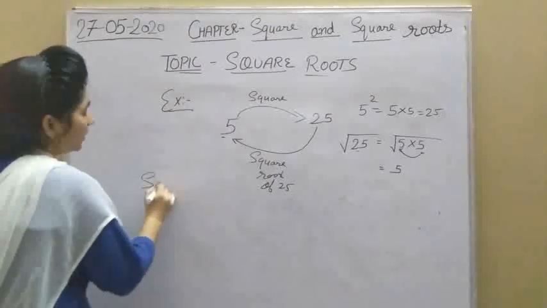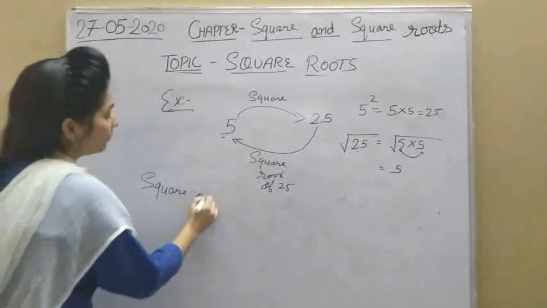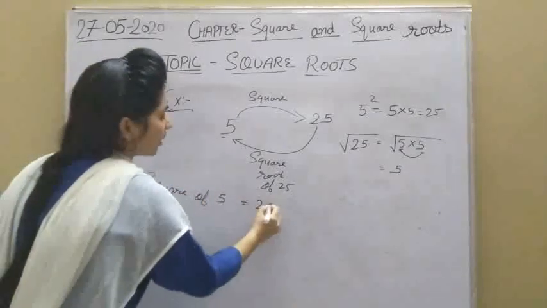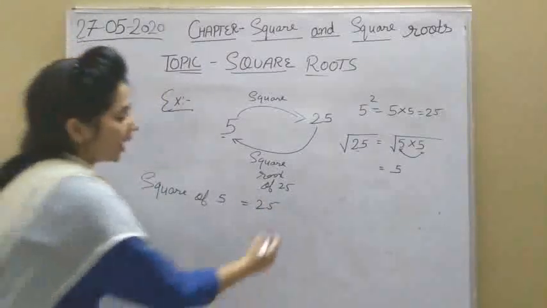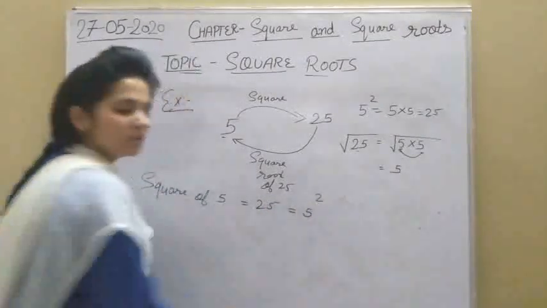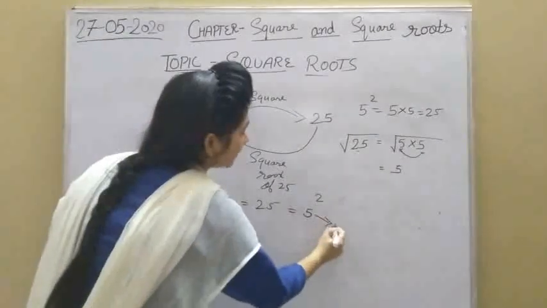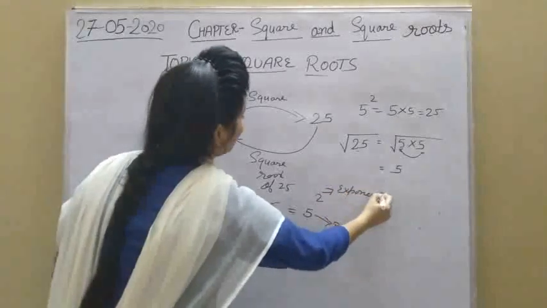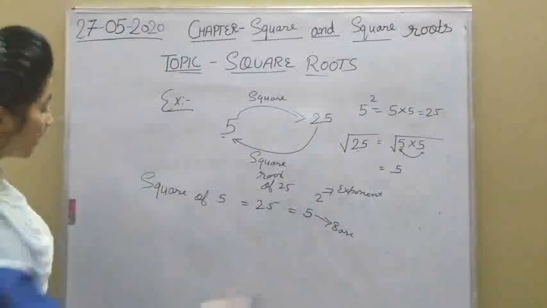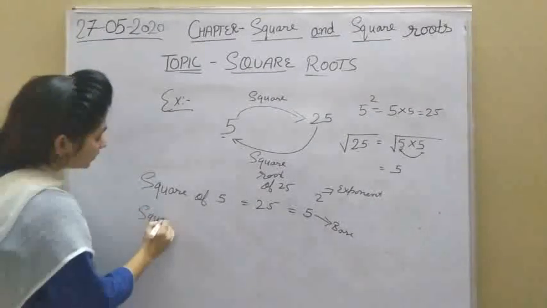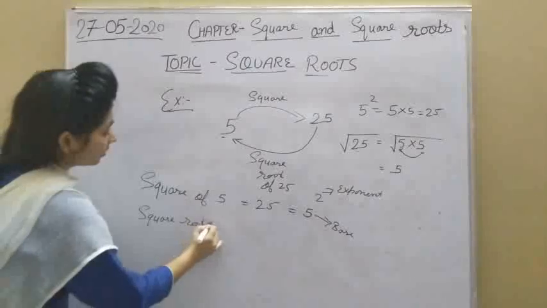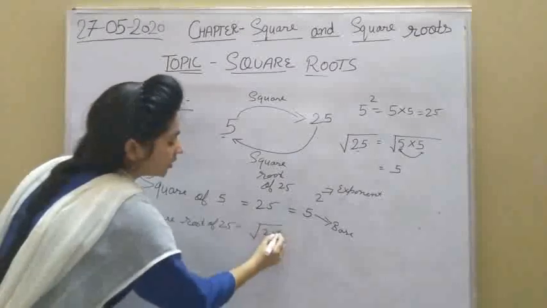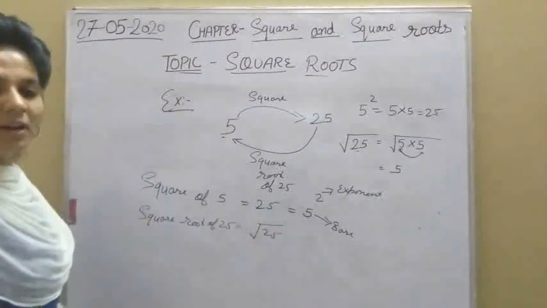So, the square of 5 is equals to 25, and you can write as 5 square. Here 5 is a base and 2 is an exponent, and square root of 25, you can denote square root of 25.